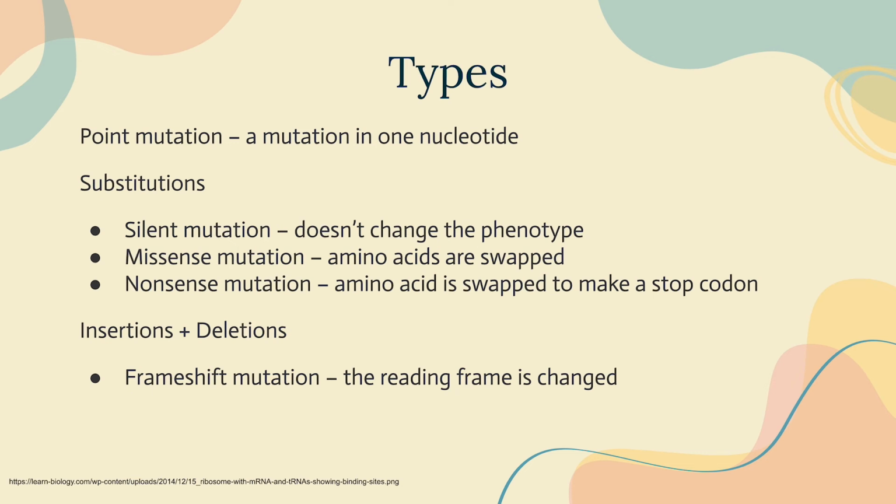So if it's still the same amino acid, that's a silent mutation. A missense mutation is when it results in a change in amino acid. And a nonsense mutation is when there's also a change in amino acid, but the change is to a stop codon, so it just stops the polypeptide right there.